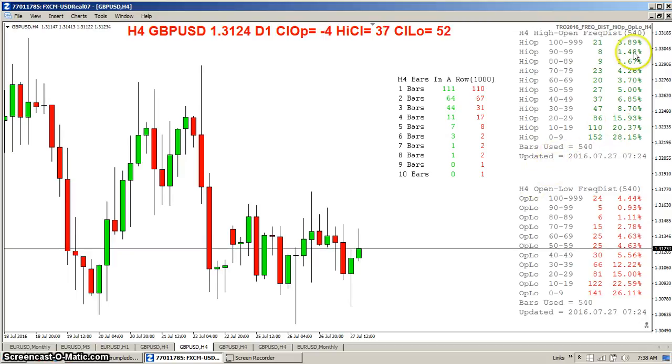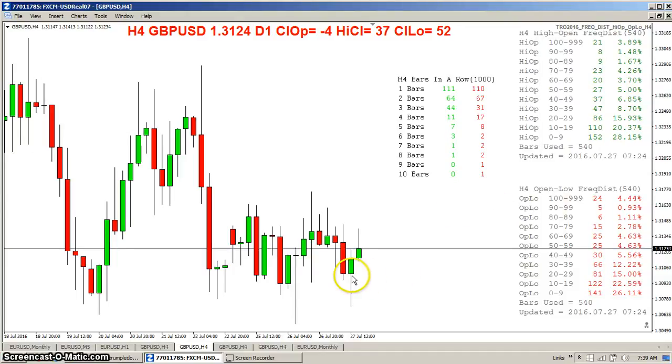So you can see here the frequency distribution. We're using the last 540 bars. I'll let you guess why that number. Why 540? Well, let's see. How many H4 bars are in a day? 6.